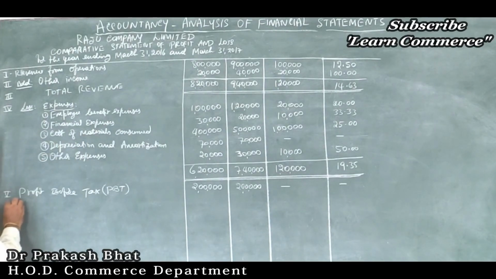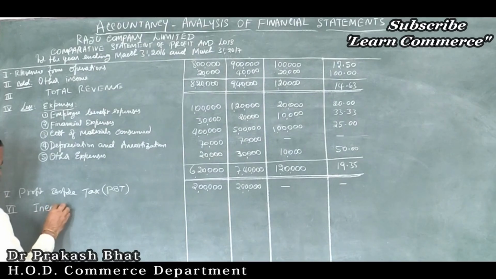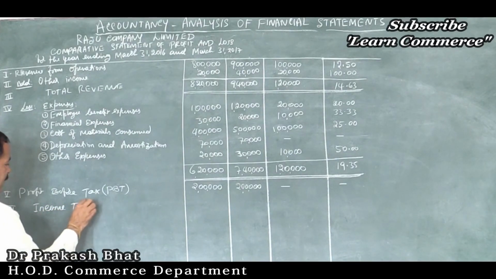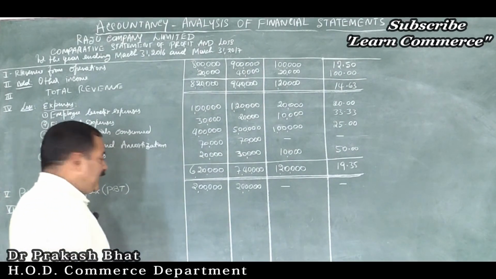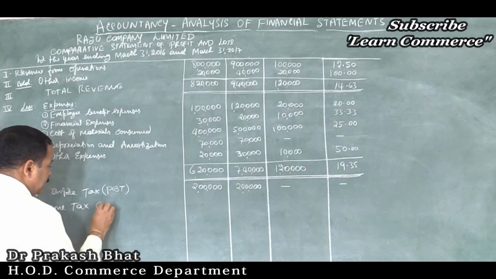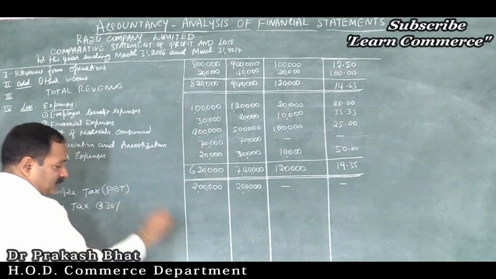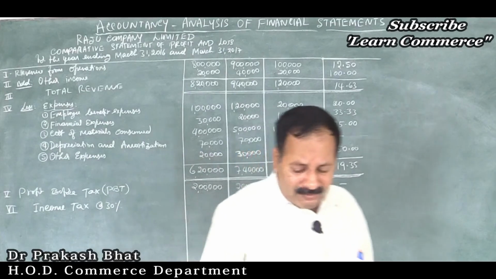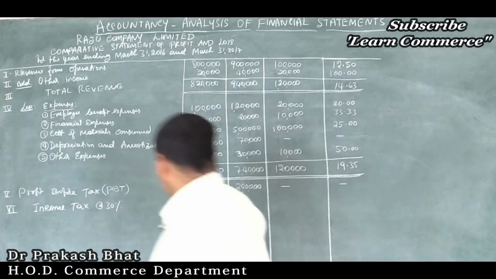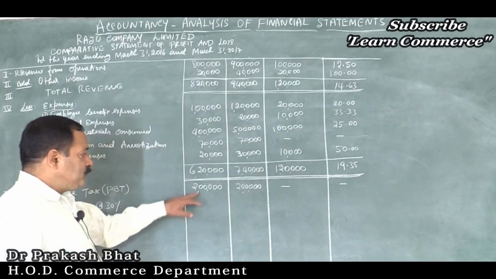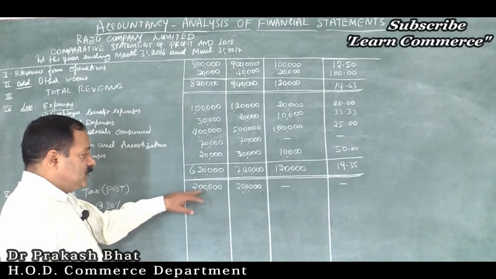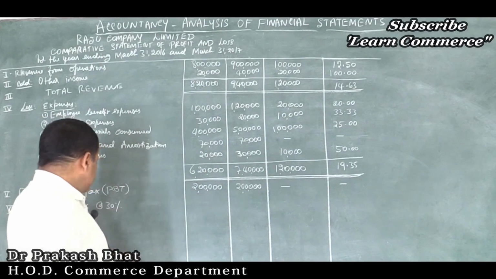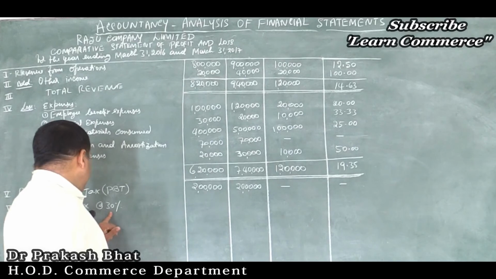Now, charge tax. Next one is point 6. Tax, that is income tax, corporate tax, isn't it? What is the rate? At the rate of 30%. It is given in the problem. See the problem. Charge it on 2 lakh, that is profit before tax, at the rate of 30%, right?